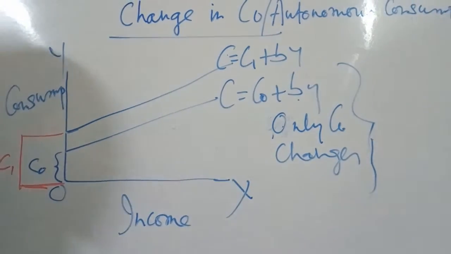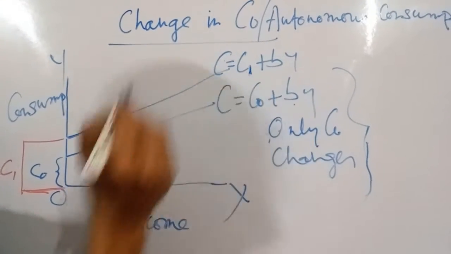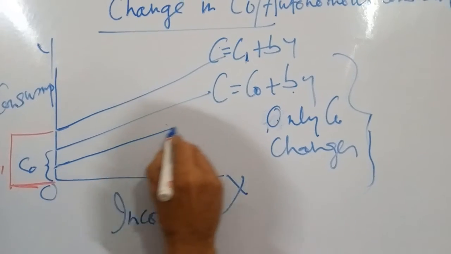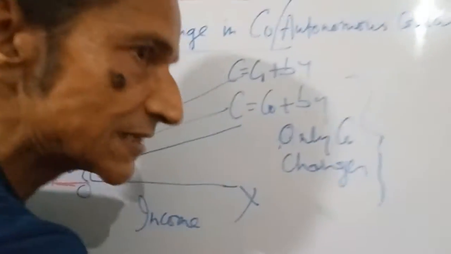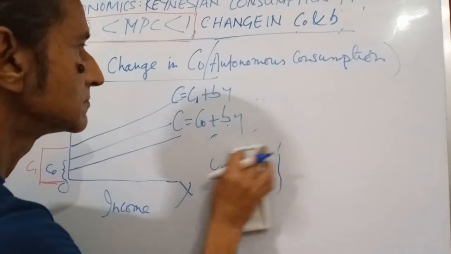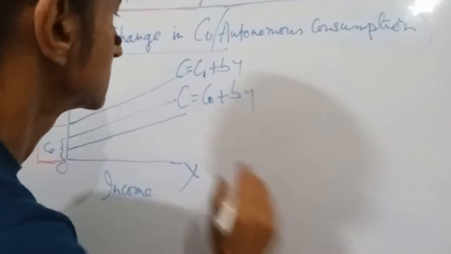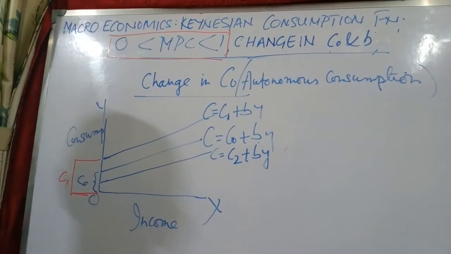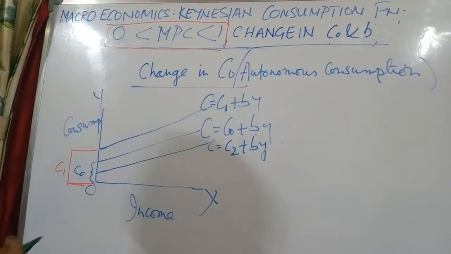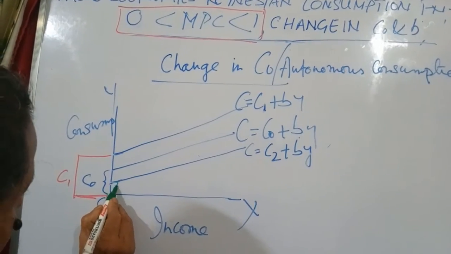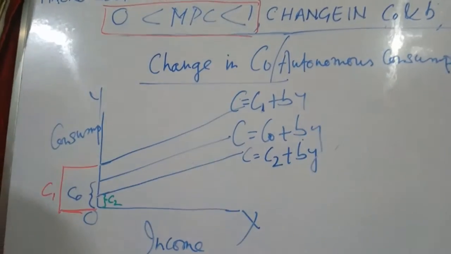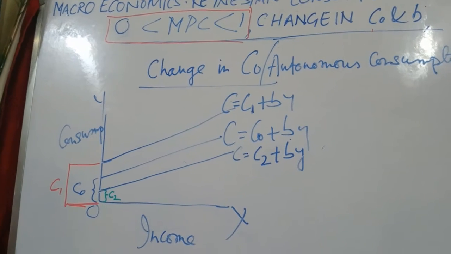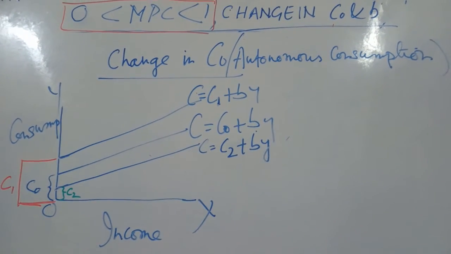If autonomous consumption falls to C2, then this will be the consumption function line, C equals C2 plus BY. This is C2. Correct?